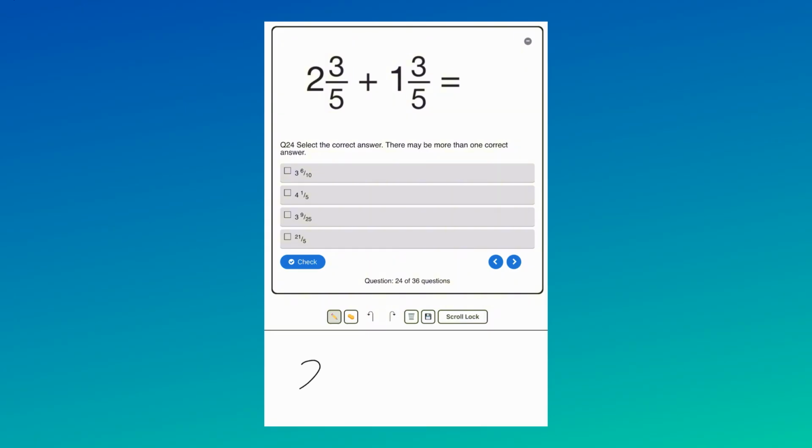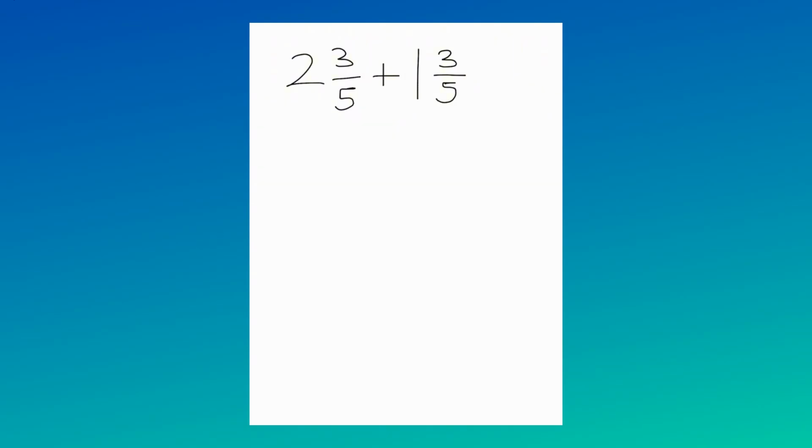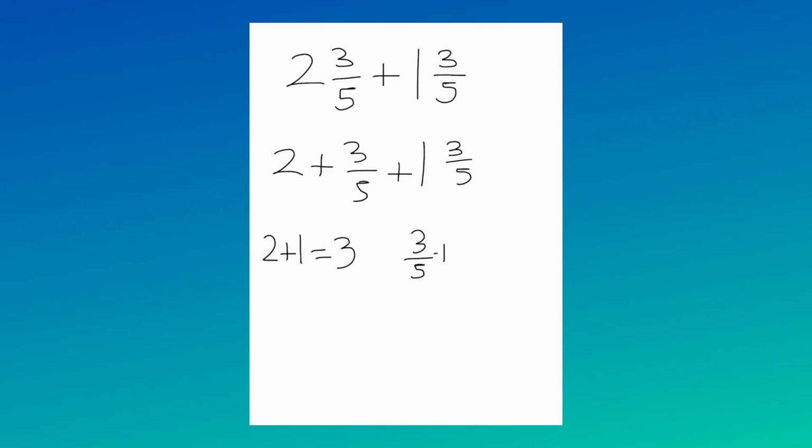Question 24. 2 and 3/5 plus 1 and 3/5. Okay, now I'm going to split this question up and I'm going to say, well, I've got 2 and 3/5 and 1 and 3/5. Now I know 2 plus 1 is 3, and I've got my 3/5 and my 3/5, which gives me 6/5.